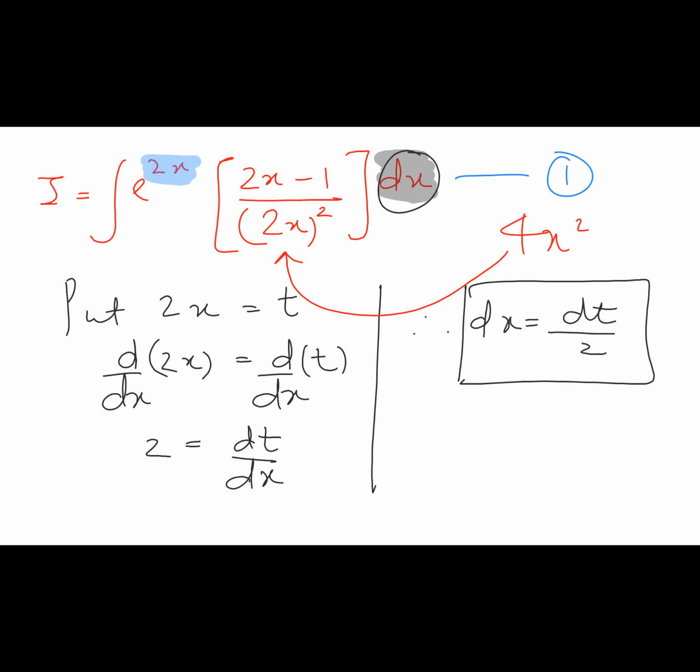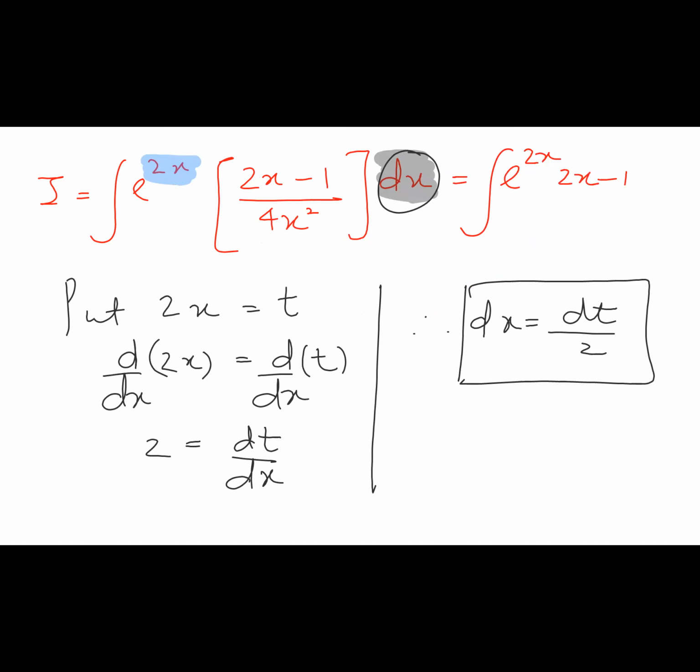Okay, so 4x square was given to you. Or else we can just write like this. Yeah, this was our question. So this is equal to e raised to 2x (2x minus 1) upon 2x the whole square dx. This is your equation number 1.